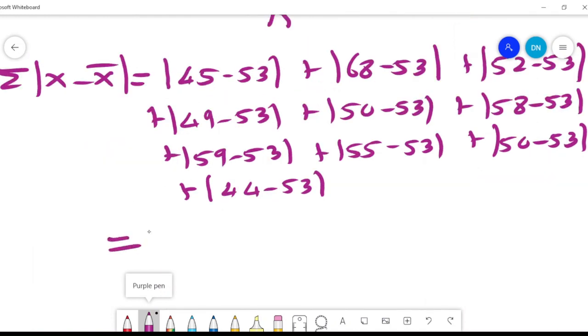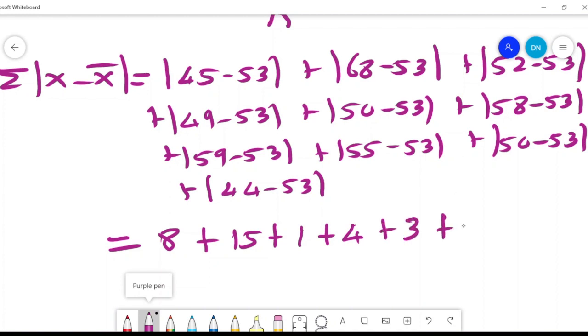So this is equal to 8. That is, 45 minus 53 is negative 8. The absolute value of negative 8 is positive 8. 68 minus 53 is 15. Then 52 minus 53 is negative 1. The absolute value is positive. 49 minus 53 is negative 4. Absolute is positive. 50 minus 53 is negative 3.